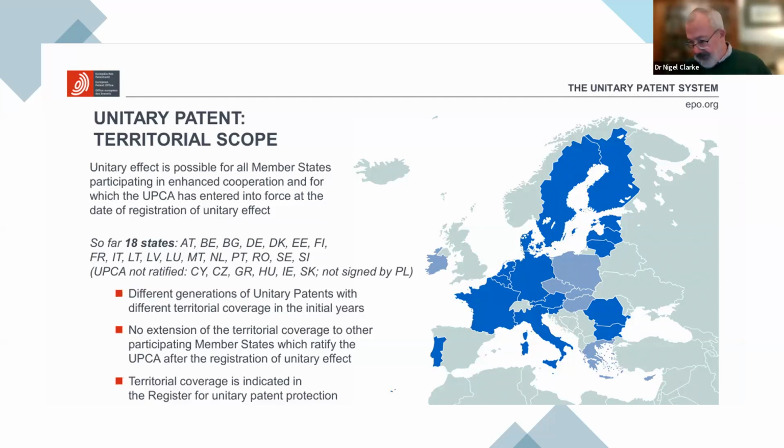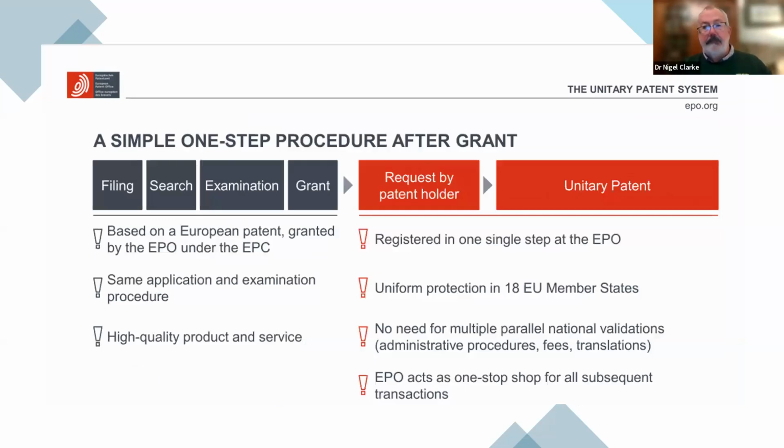But it means that, for example, if a particular applicant has unitary patent coverage now and other countries join later on, the patent protection will not be extended to those later joining countries. But the territorial coverage at any given instant in time is given in the European Patent Register and the Unitary Patent Register, which we'll have a look at a little bit later on.